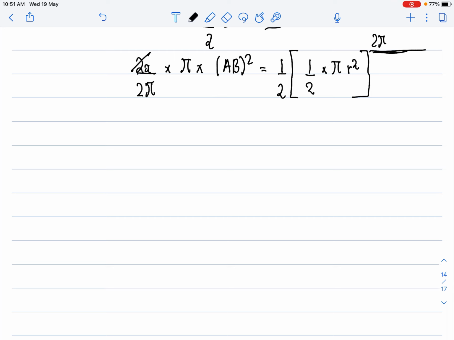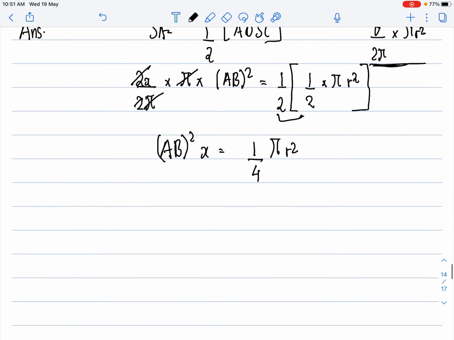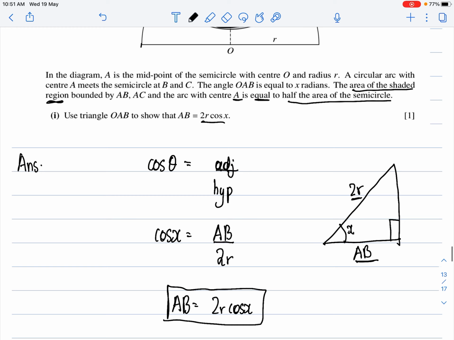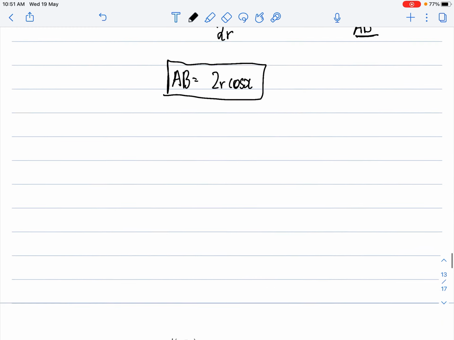So now I can simply cut 2 here, I can cut pi here to get AB the whole square into x, which is equal to basically, I can take half inside to get 1 over 4 pi r square. Correct? This is what I can write. Now, in the above part, I saw that AB can be written as 2r cos x.